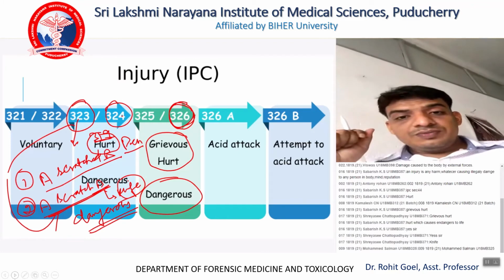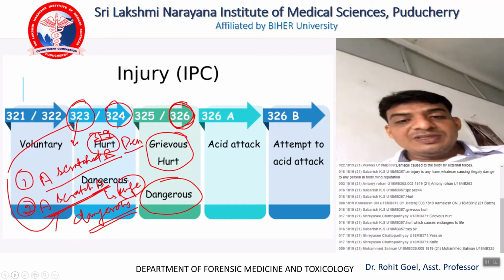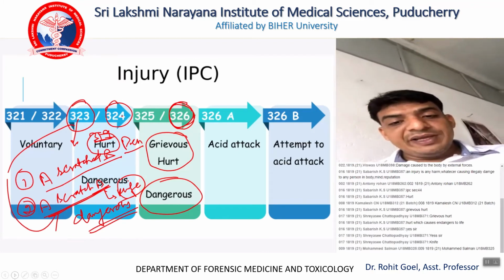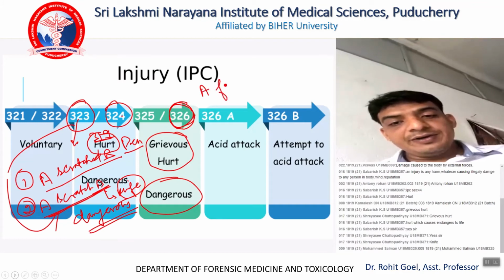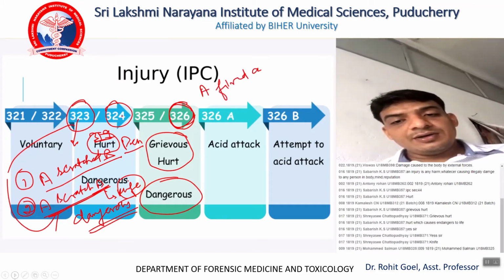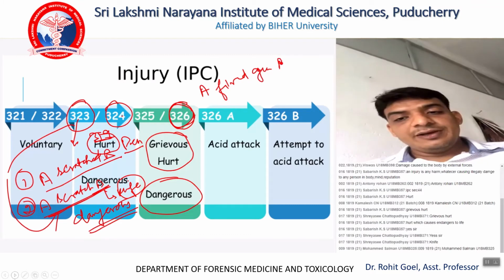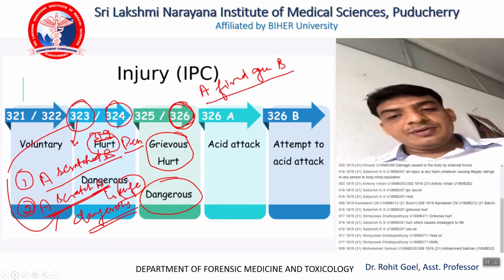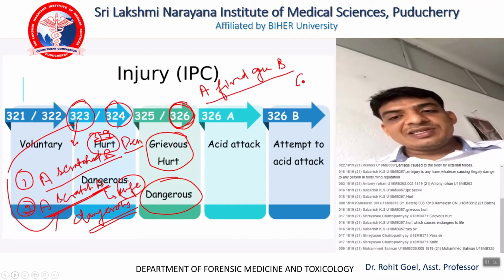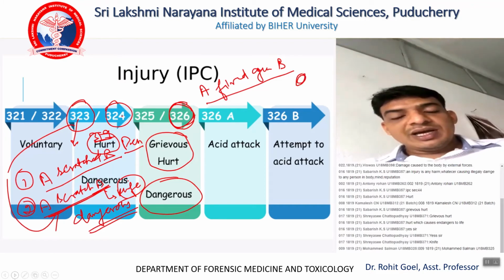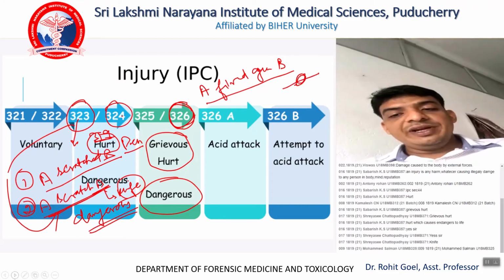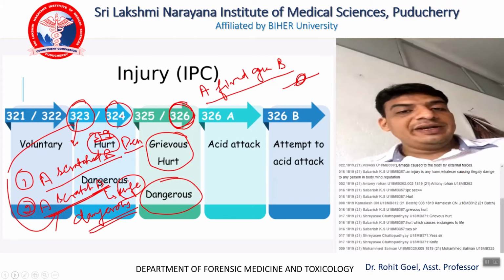So let's assume a scenario. A fired a gunshot at B. The bullet grazed the superficial skin, producing an abrasion, and passed off. It did not cause a breach of any body cavity.